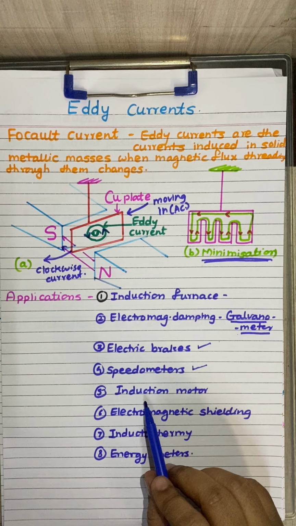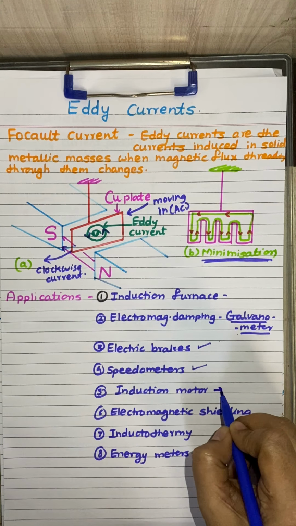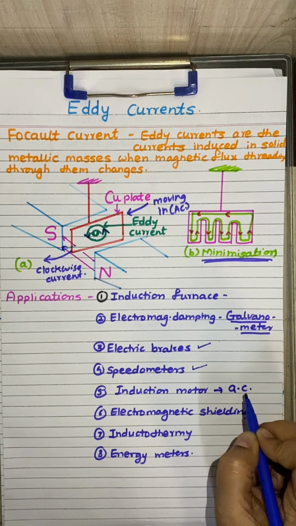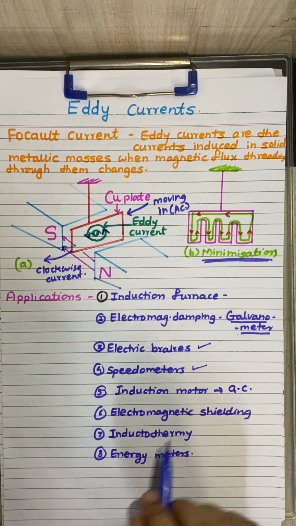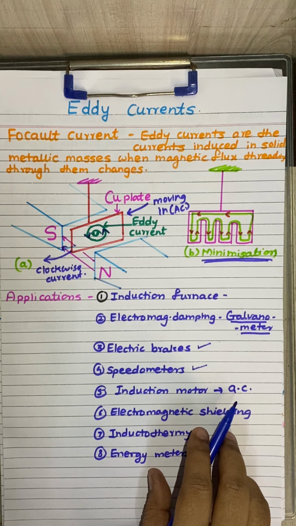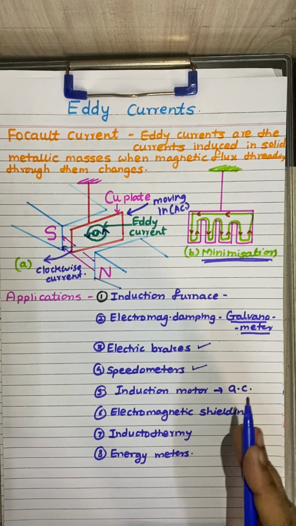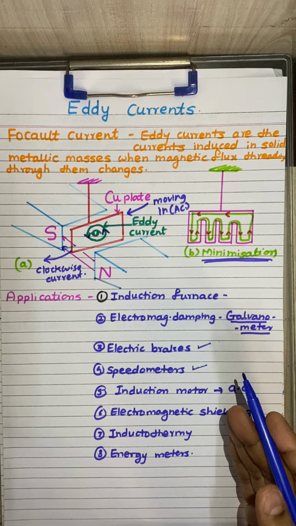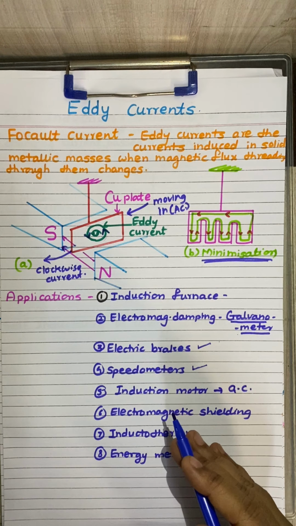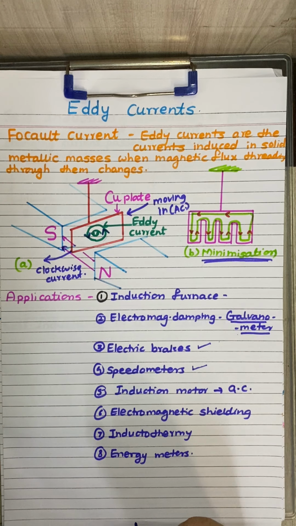The next one is called the induction motor. In an AC induction motor, the rotating magnetic field is produced by two single phase alternating currents having a phase difference of 90 degrees. Once you study alternating currents, you will come to know what a phase difference of 90 degrees is, and what a phase difference of 180 degrees is.